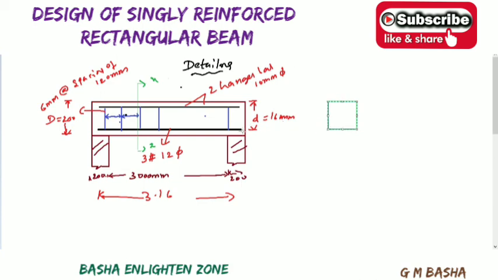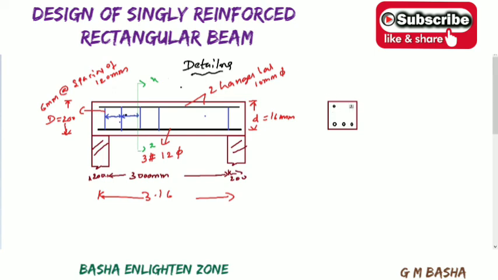Here the 3 bars of 12 mm dia are exactly in the same length, the same line, and the 2 hanger bars are exactly in the same line.